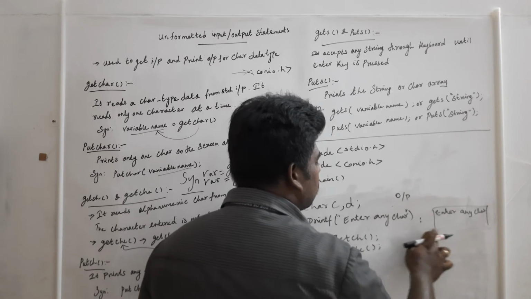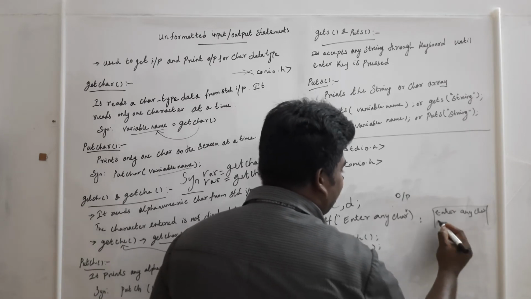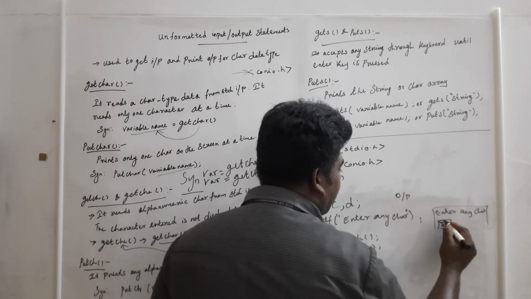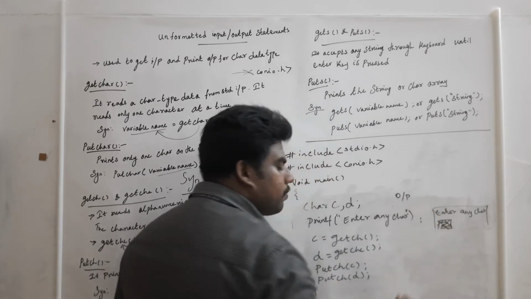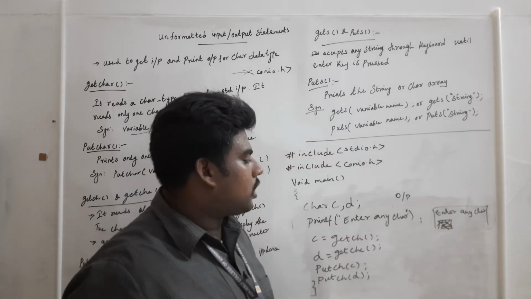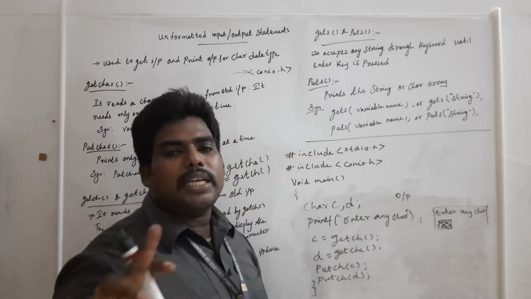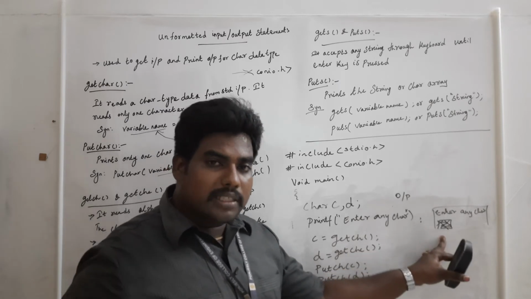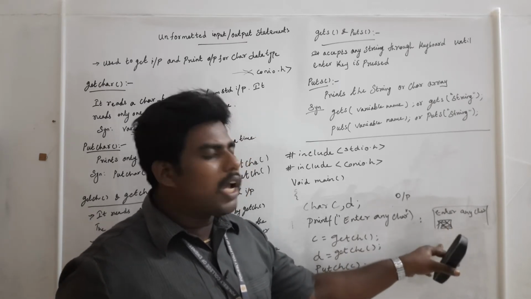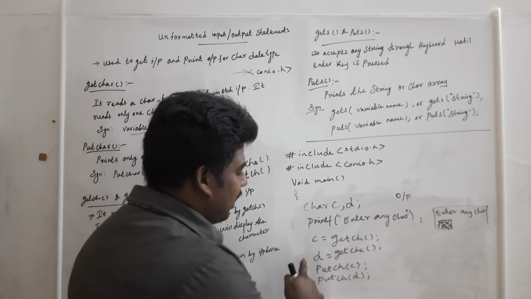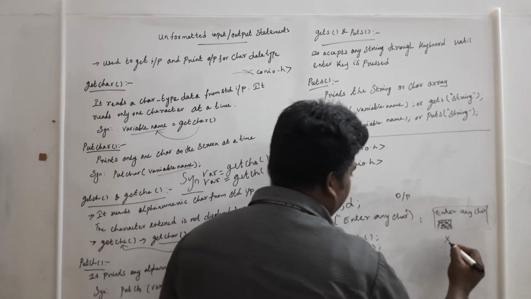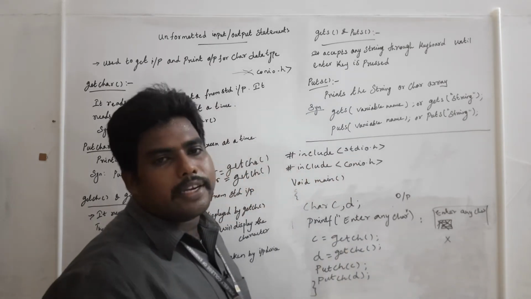For example, you are giving one z. Whatever you typed, whatever you pressed on your keyboard, should not be displayed in the output screen. You pressed the z button, but it should not be displayed here. Then d equal to getche. Now you are pressing x, it will be displayed.